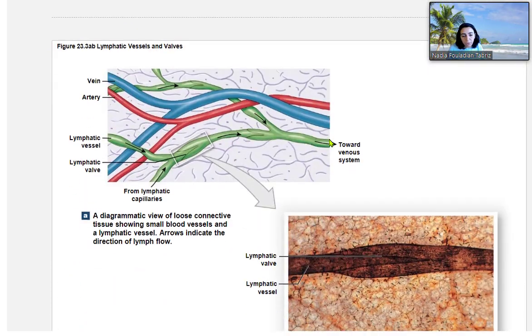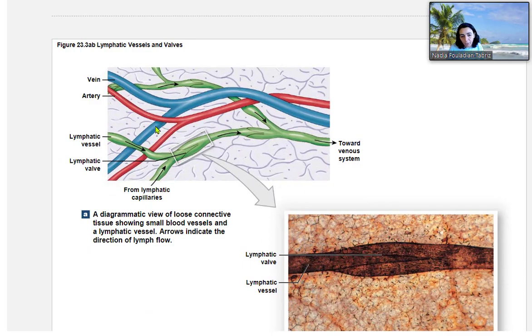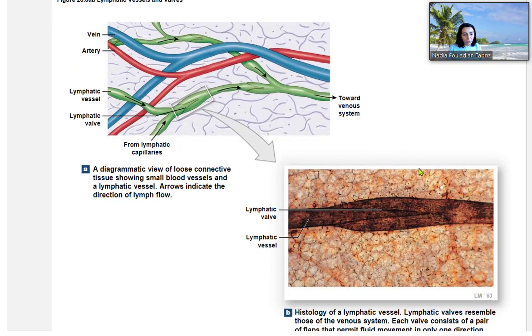So the rest of these are just for your information, but pay attention that there are some pictures here. Like here you see how next to the capillaries of the artery and the very tiny veins or venules that have been formed here, you have the lymphatic capillaries, and you see the valve that they have from the very beginning, and you see that in the histology of that, you see the valve.